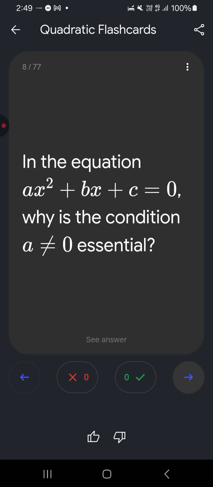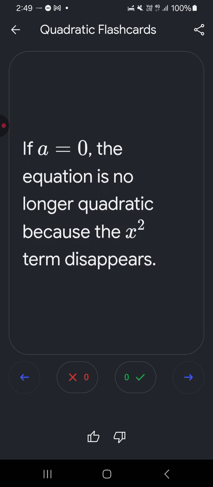In the equation ax square plus bx plus c is equal to 0, why is the condition a not equal to 0 essential? If a is equal to 0, the equation is no longer quadratic because x square term disappears. Because if we multiply x square by 0, the value will be 0.